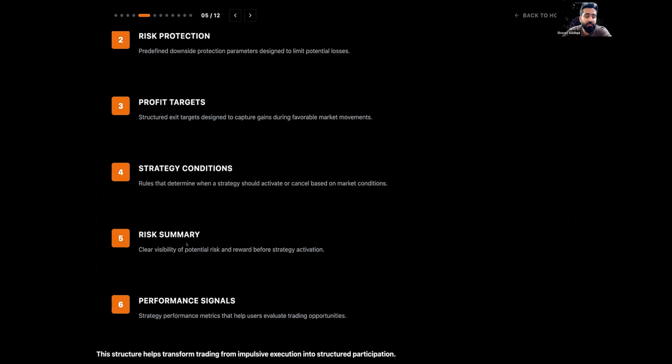Then there is the risk summary of the trades that you execute, and then there is an exit mechanism that the product pushes you to follow. Then there are performance signals, strategy performance metrics that help users evaluate trading opportunities.